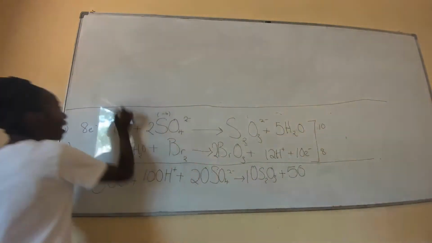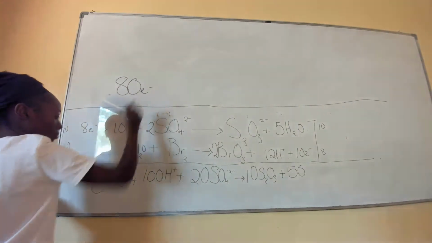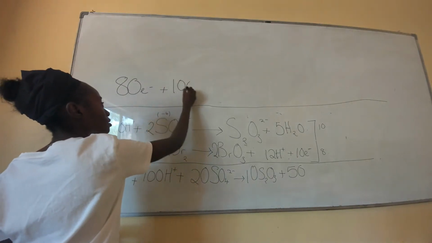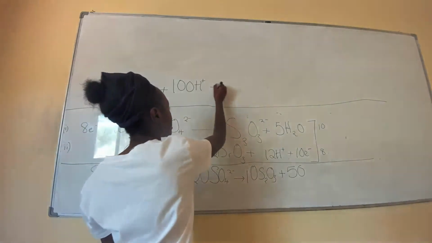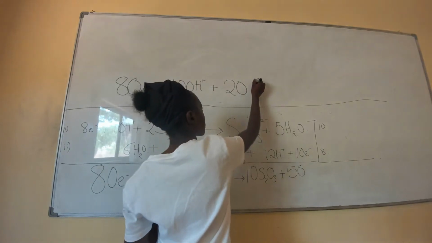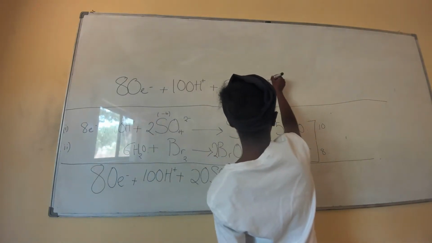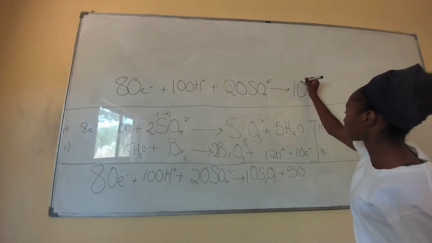Okay, so we'll have 80 plus 100 plus 20 to give us, we'll have a 10 there.